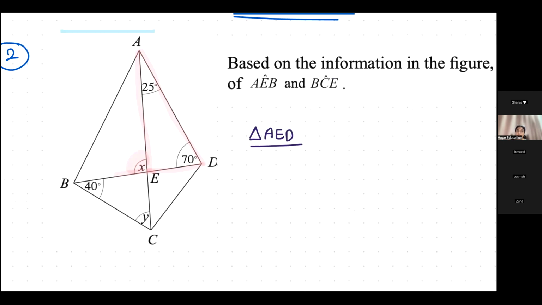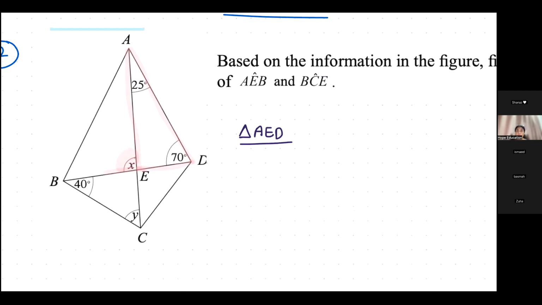We know exterior angle equals sum of interior opposite angles. Therefore, X is equal to 25 plus 70.